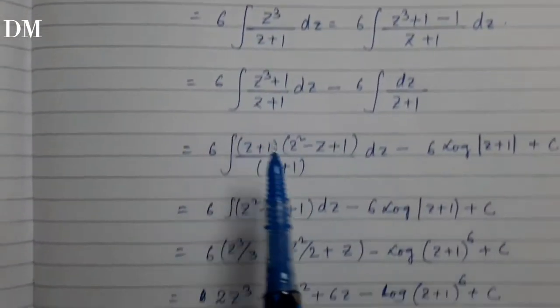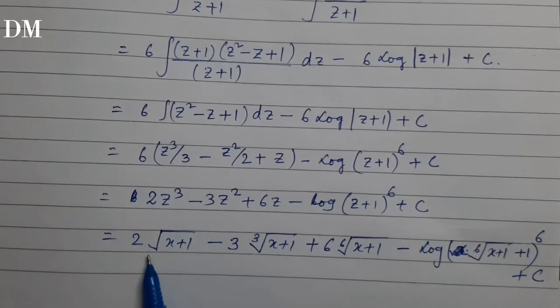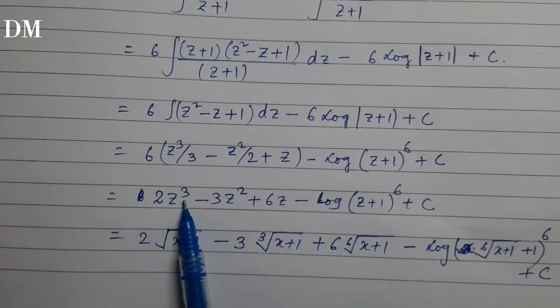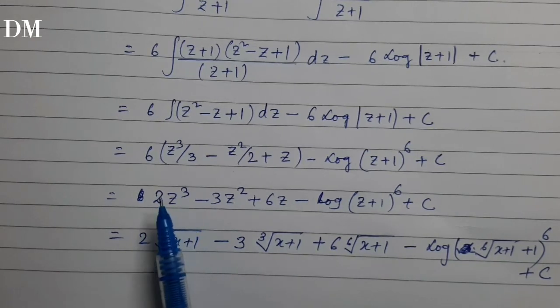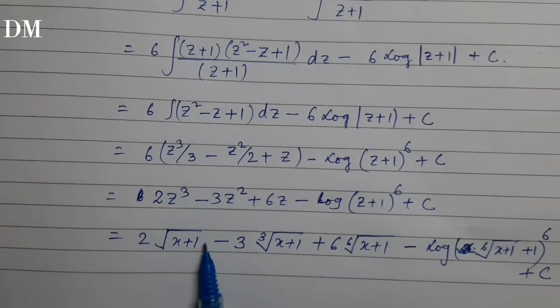Okay, so let's see what is the value here. z is x plus 1 whole to the power 1 by 6, or the sixth root of x plus 1. Now there is a whole cube, so it will be only root of x plus 1.